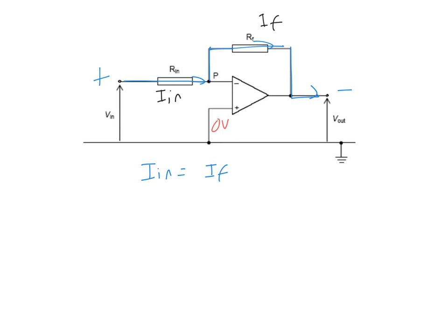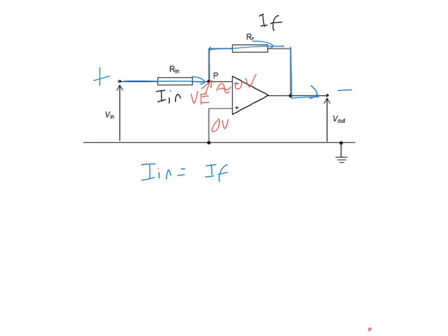So since this is 0 volts, point P must also be almost 0 volts if you don't want it to saturate. Therefore, we call this point P virtual earth. That means we assume that it is almost 0 volts in order for the op-amp not to saturate. So for the derivation, you're going to assume point P is 0 volts.